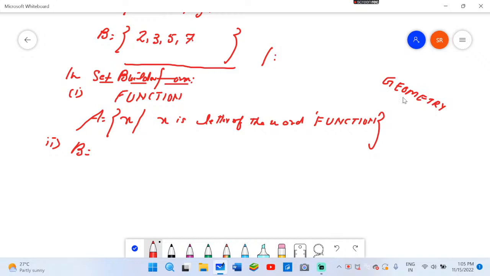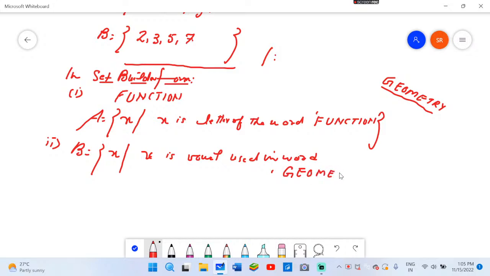So we write it x such that x is ball used in word geometry.